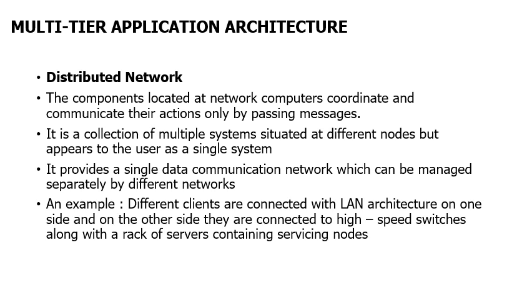Different students will be using different systems, but they are connected in the LAN architecture, so it can be viewed as a single system. This is known as the distributed network. The message passing can also be done by the distributed network.